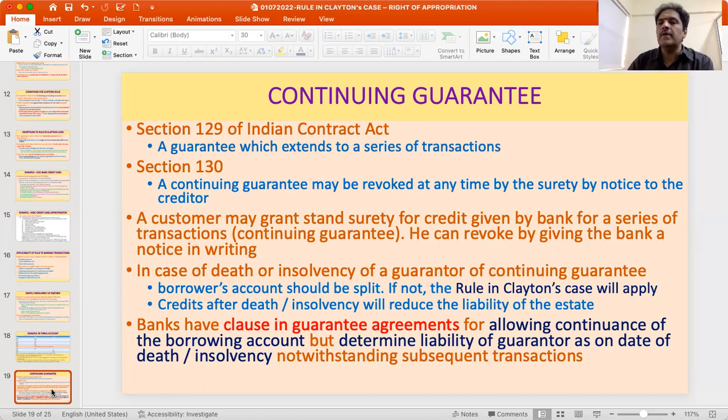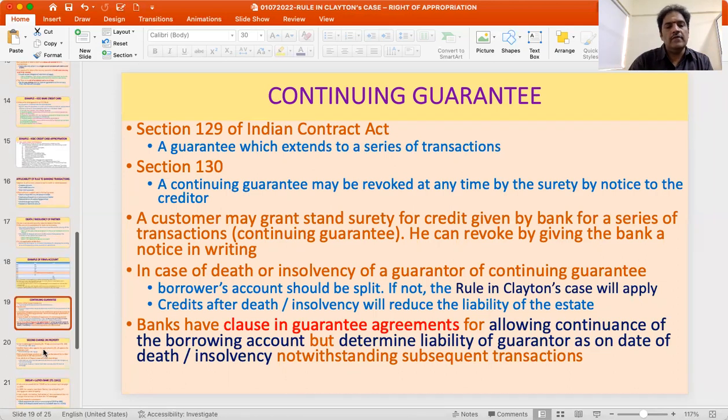So the subsequent transactions will not affect the liability of the estate or the insolvent estate, but the account will keep continuing. So this is a mechanism where you are contracting out of the application of the rule in Clayton's case. But if the rule in Clayton's case is applicable and the account is not split, then automatically any paying in to the account will keep discharging the liability of the estate of the deceased person.